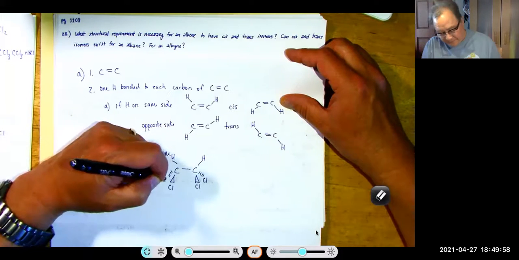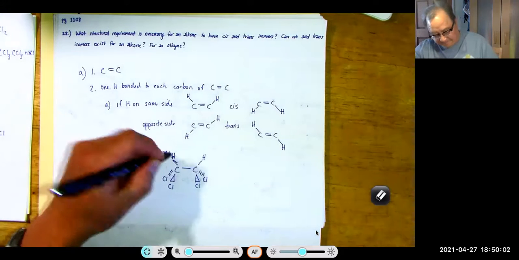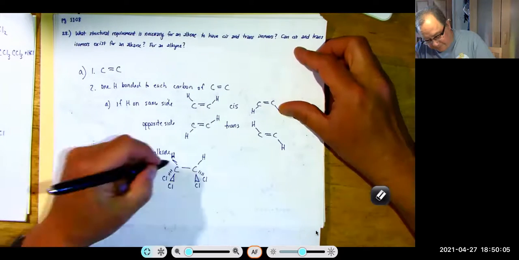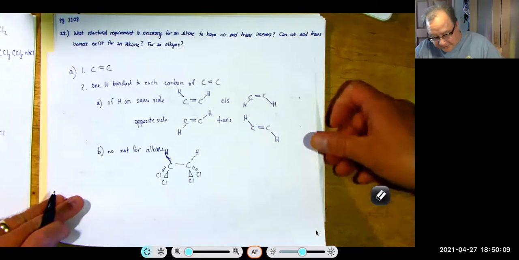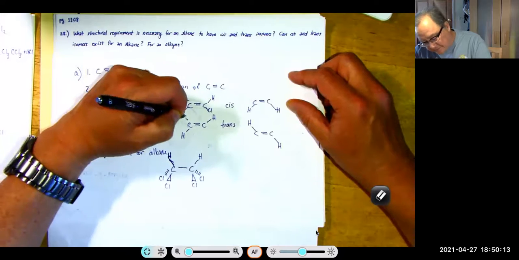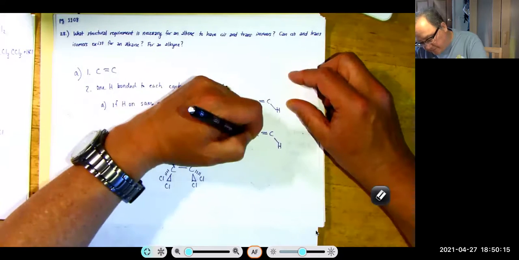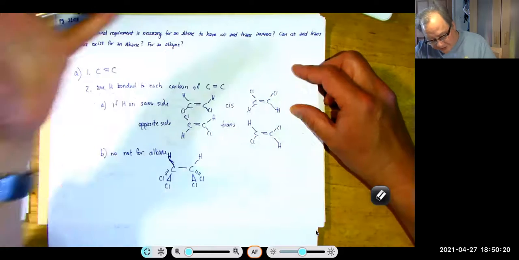Does that look like cis because both hydrogens are up? Yeah. It does, doesn't it? Now, here's the deal. I'm going to go ahead and put chlorines here. I don't know why, but a lot of people show cis and trans using chlorines.